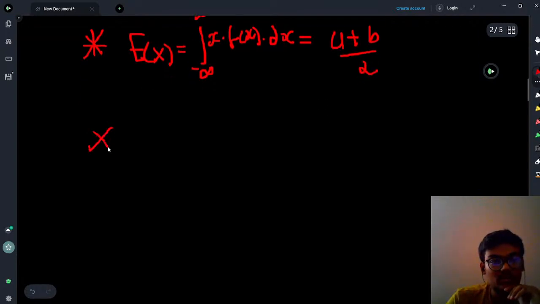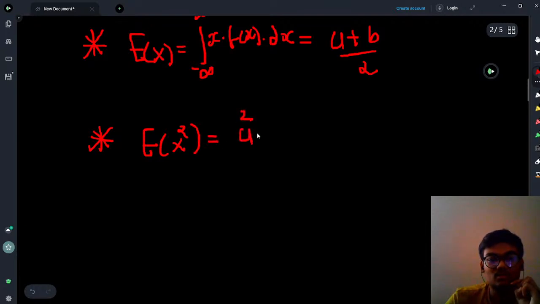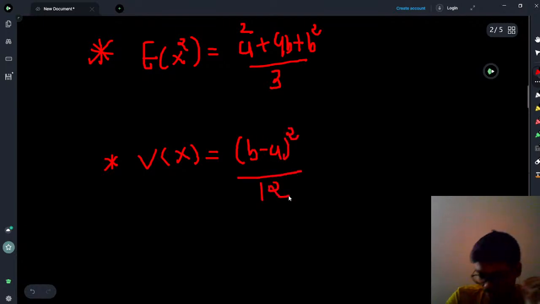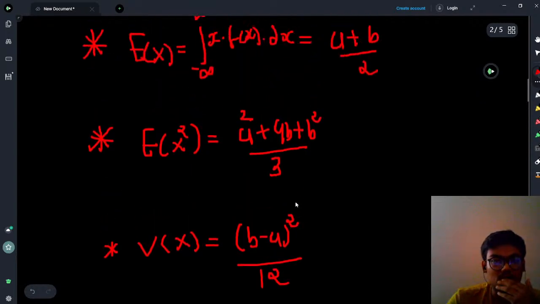Similarly, E of x square is a square plus ab plus b square upon 3. And now the variance is (b minus a) square upon 12.